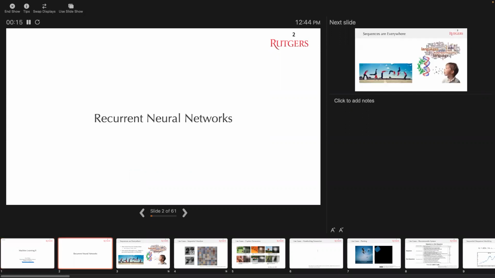So recurrent neural networks. Why do we need recurrent neural networks, or RNNs? We need them mainly because we want to model sequences. You will see why in the next few slides.